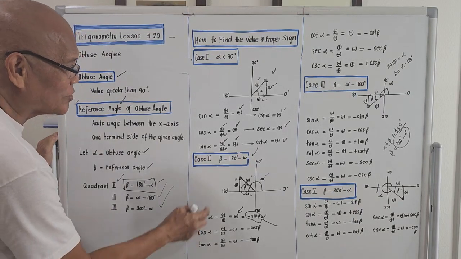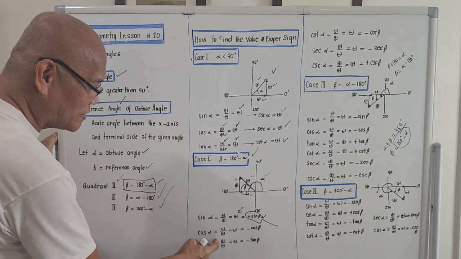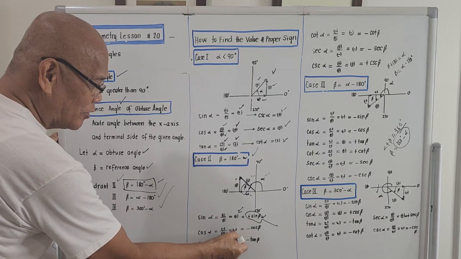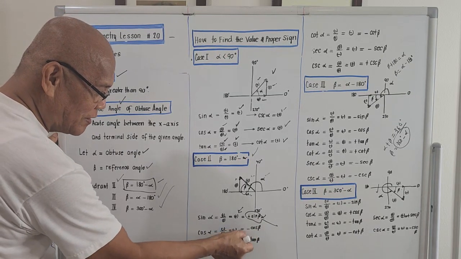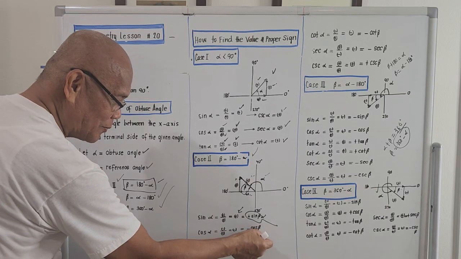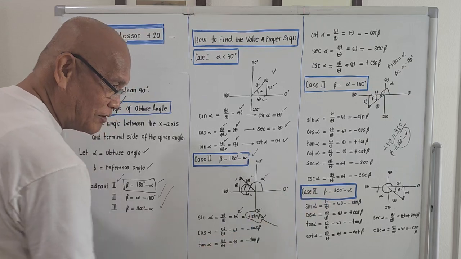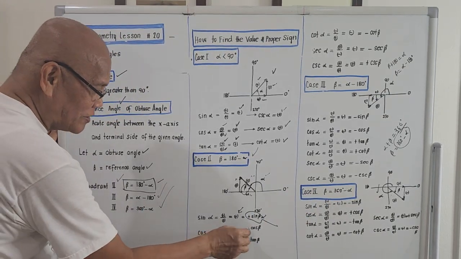For cosine it will be adjacent over hypotenuse, a minus over a plus. So this should be minus. So if you try to take the cosine of the reference angle, just take this sign here, negative, then take this value, cosine of beta, from the trigonometric table. It's now less than 90 degrees. So a cosine on the second quadrant will be minus.